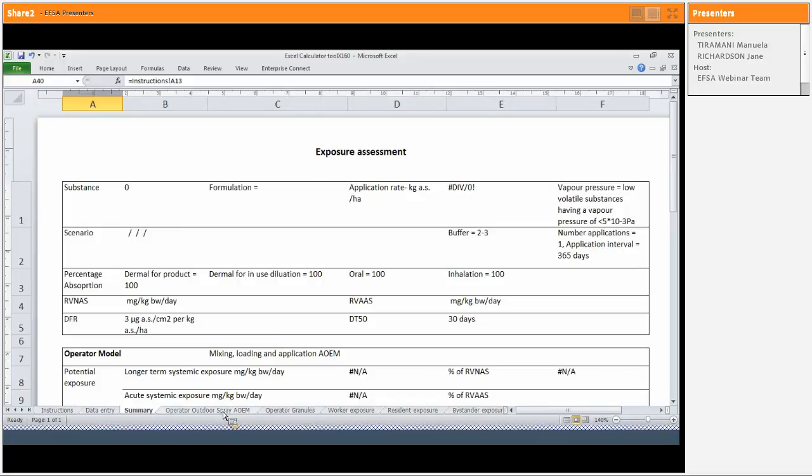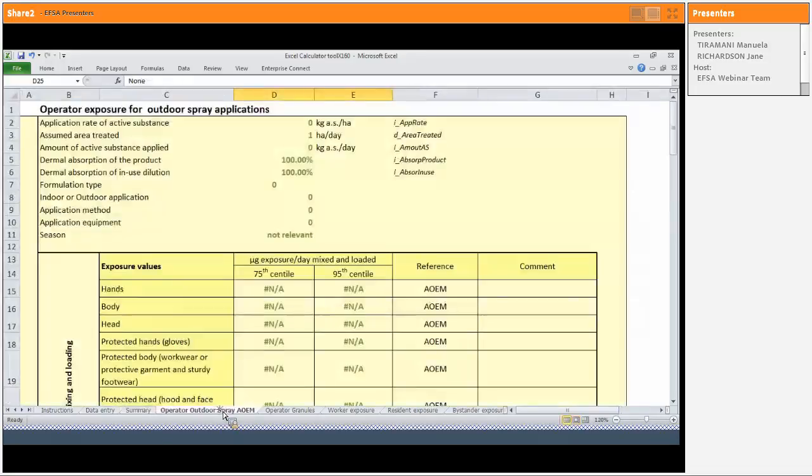Then we have the actual sheets where we have the details on the calculation. And it's here where we've really tried to be transparent about how you apply the guidance document. So at the top of the sheet, you will always see the input variables that are used for the calculations.